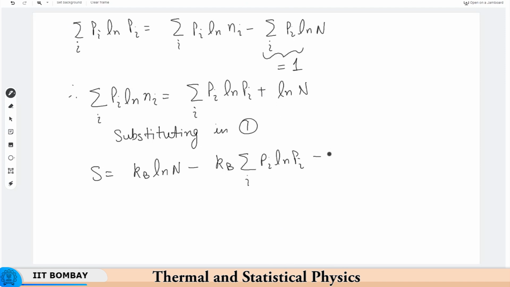So, this becomes minus, this goes on the other side and this becomes plus, minus Kb times log n, and you can see these two terms cancel out.